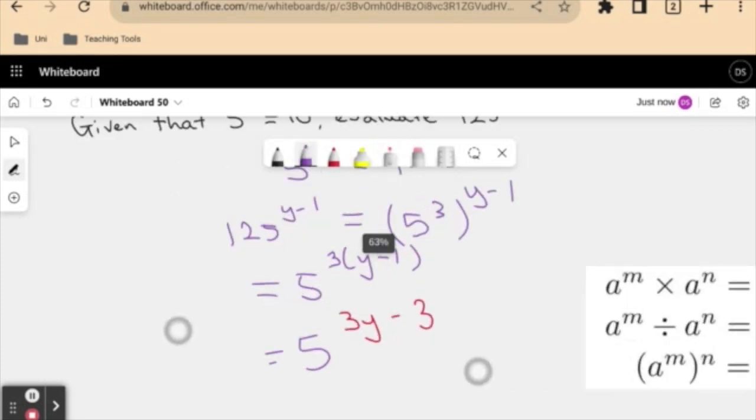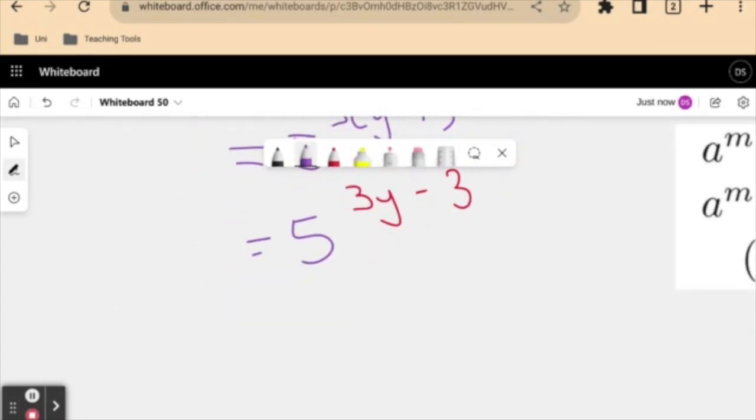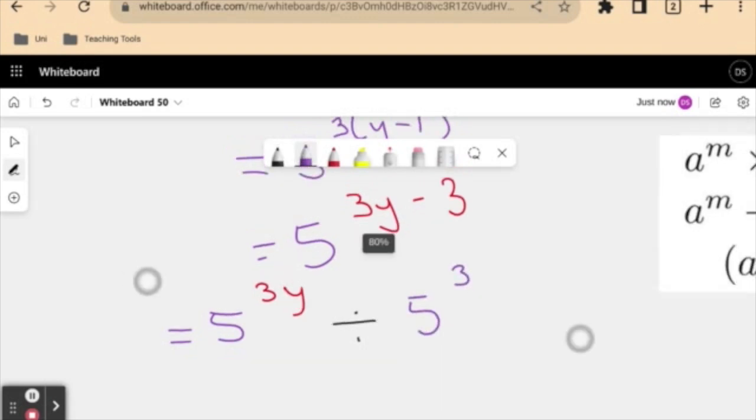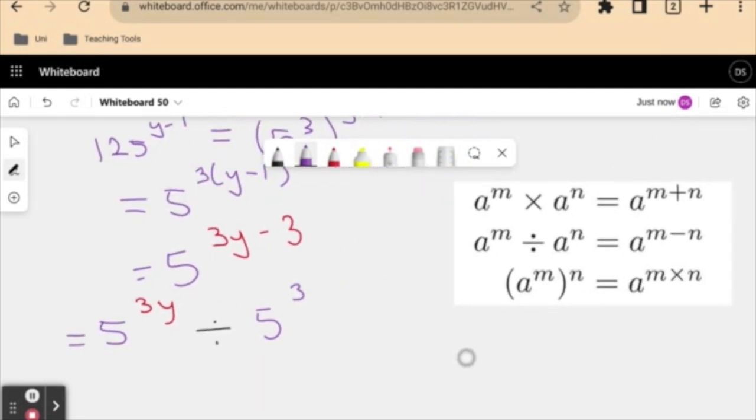We can write that as, let's get a little bit closer, 5 to the power of 3y divided by 5 cubed. And we can say that because all we've done from getting here to here is just going from here back here in our index laws.